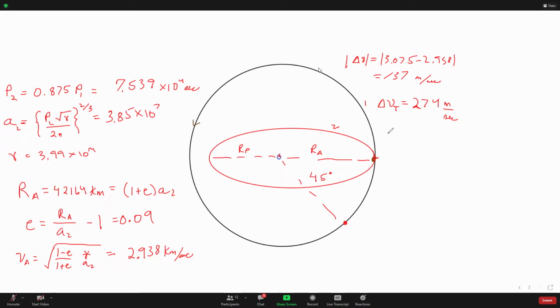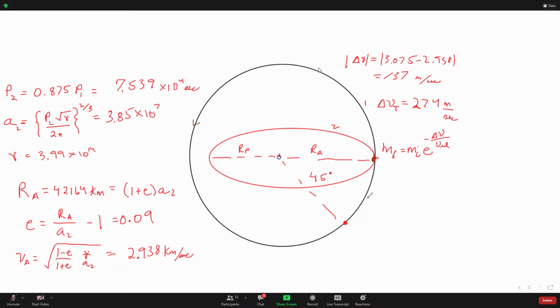Well, I know that M initial over M final is equal to e. No, I'm sorry, that's wrong. M final over M initial. From the Tsiolkovsky equation, what do I have? M final equals M initial e to the minus delta V over V rel.